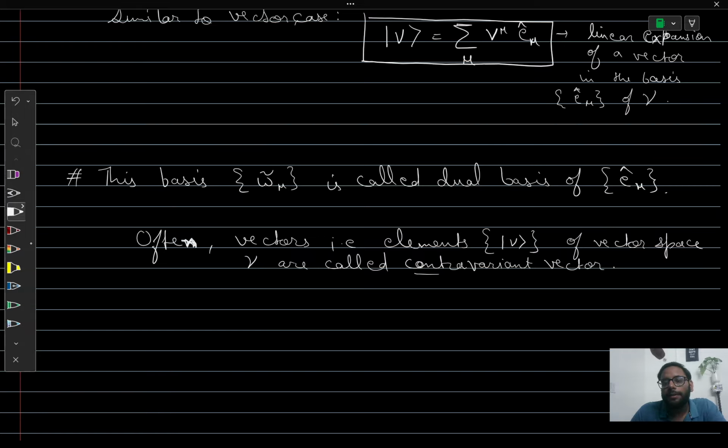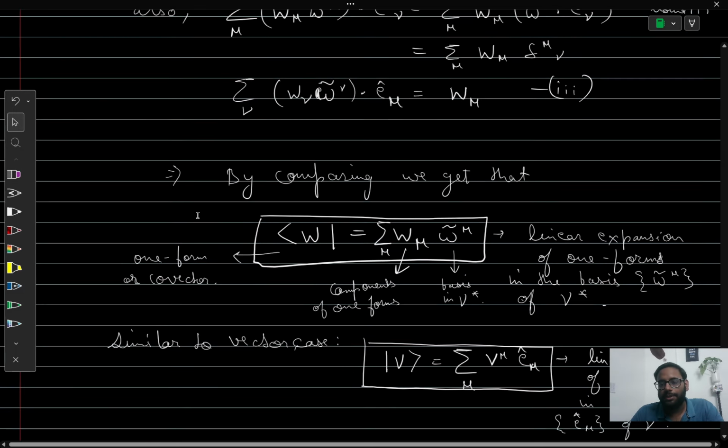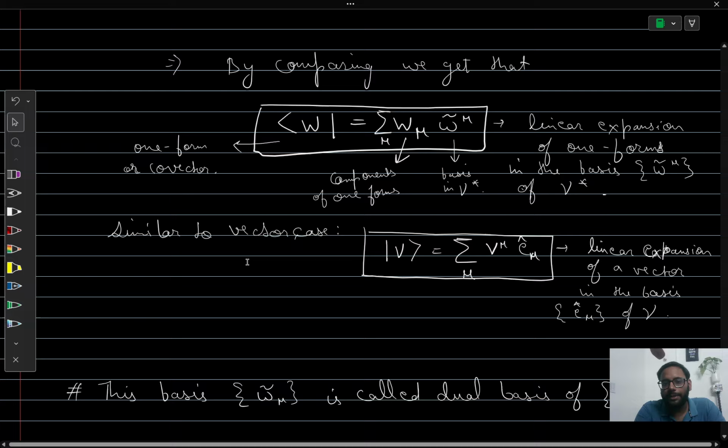This is due to the transformation properties: these vectors and covectors do transform oppositely. You can prove that in any transformation they transform oppositely.